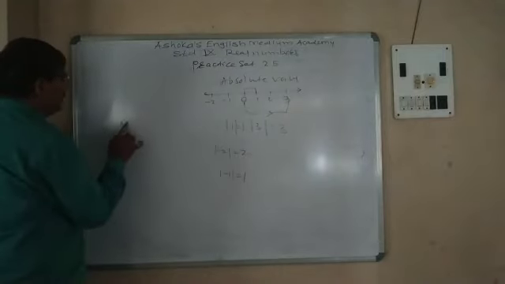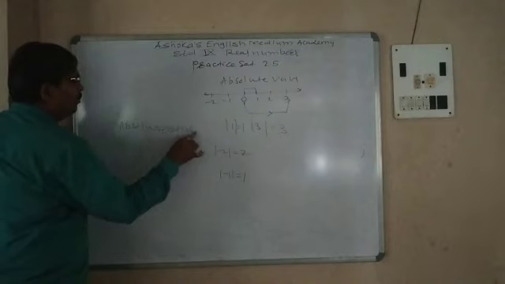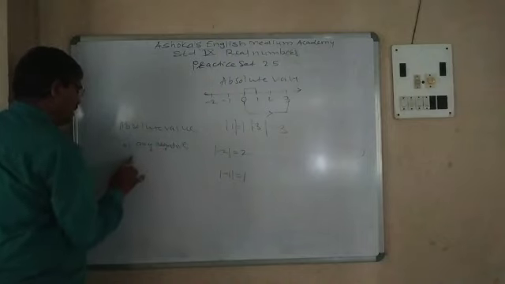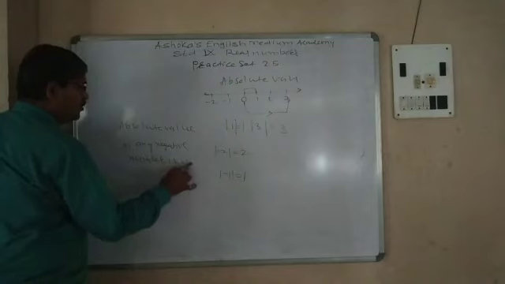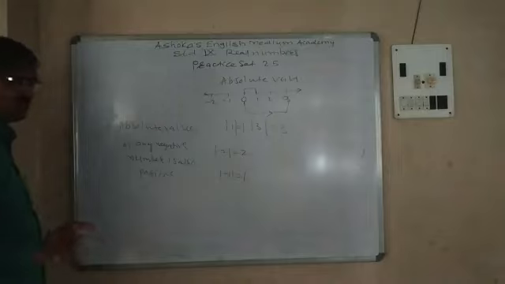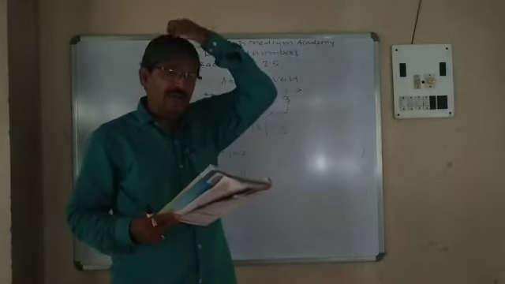So what happened here? The absolute value of any negative number is also positive. Understand? It means the absolute value of any real number is never negative.